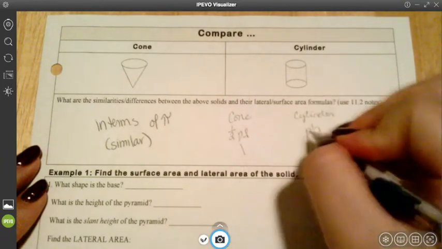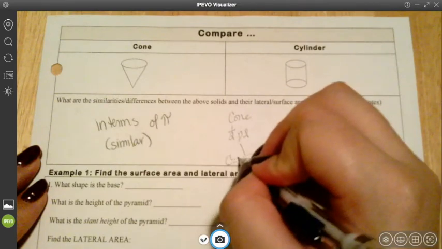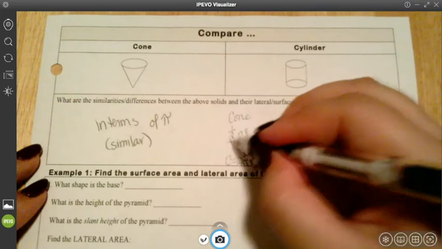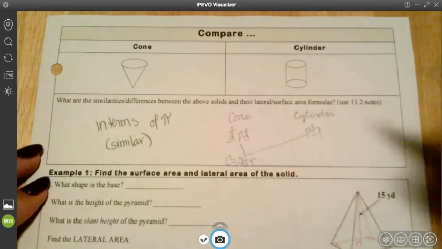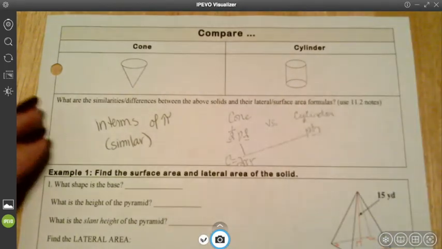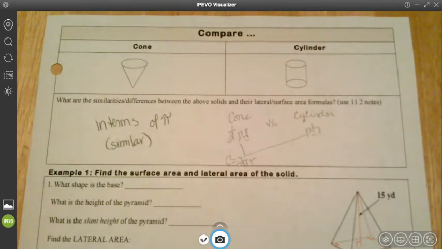The perimeters are still C equals 2 pi r, but again, we have that difference between the 1/2 and the L and the H. So very, very similar to the similarities and differences that we were just looking at for prisms and pyramids.